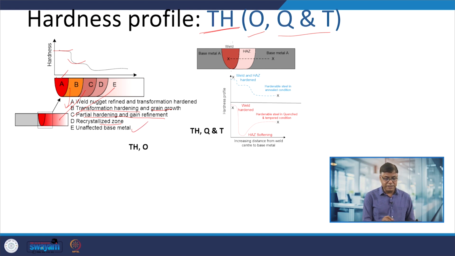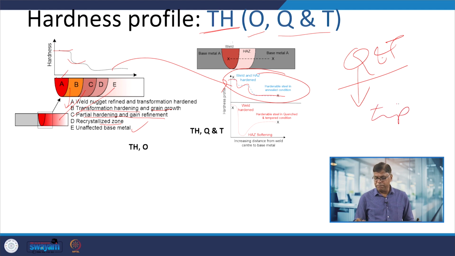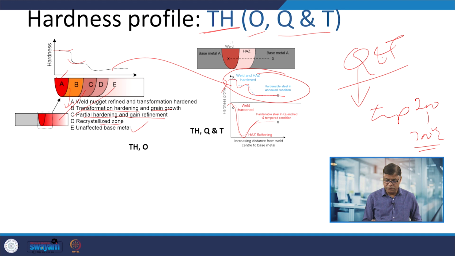What happens? This is a similar trend when the welding is done. In the normal case, like hardenable steel in annealed condition, it will show this kind of trend only. But when the steel is welded in the Q&T condition, like steel that has been hardened by quenching and then subjected to tempering at say any temperature from 200 to 700 degrees centigrade, then as soon as the temperature of the metal goes beyond this tempering temperature, the metal gets over tempered, and because of this over tempering, especially in the heat affected zone, it gets softened.